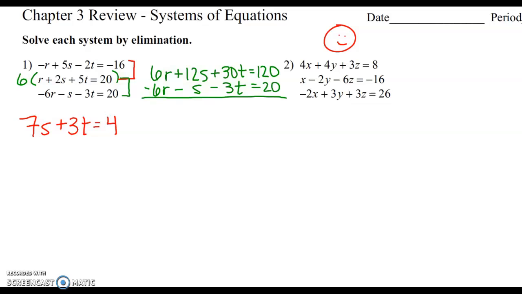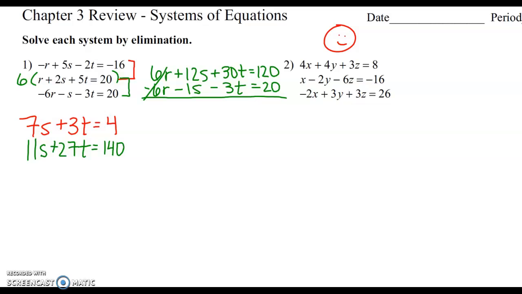So when I add those up, I've got 11s. 12s minus s would be 11s. 30t minus 3t is 27t. Equals 120 and 20 would be 140.